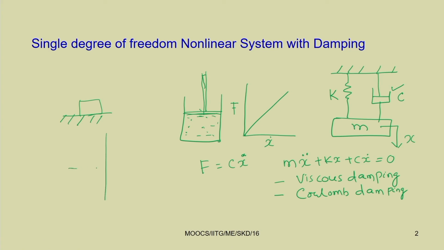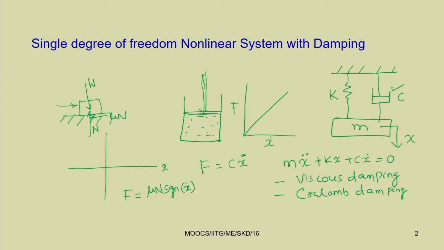Let the weight be W and the reaction force be N. If we apply a force in this direction, a friction force will be generated and act in the opposite direction, with magnitude mu N. So, the friction force F can be written as mu N signum x dot, so it depends on the velocity.